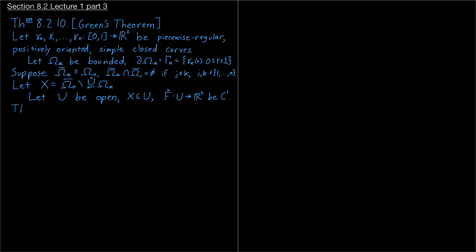And the conclusion of Green's theorem is that if you integrate over the region X this quantity, F is a vector. It's got two components. I'm calling them f_1 and f_2. You integrate partial f_2 with respect to the first coordinate, which I'm calling x_1 instead of just x in this case.